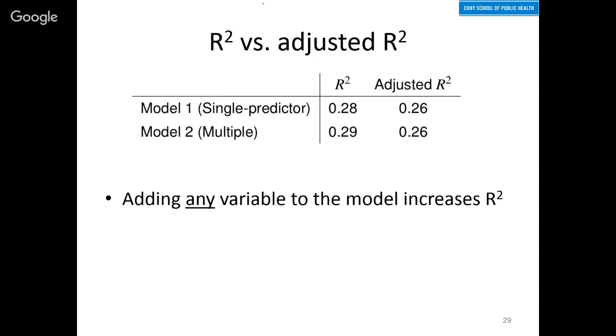So adding any variable, even a completely random variable that has nothing to do with your outcome, it will always increase R², because adding any predictor variable when you fit a model to it will give you some amount of prediction. Its sum of squares of the different possible predictions for that variable has to be greater than 0. So the more variables you add, the higher your R² gets.